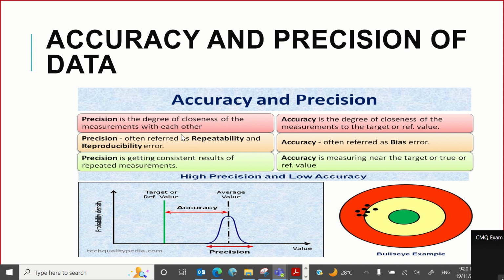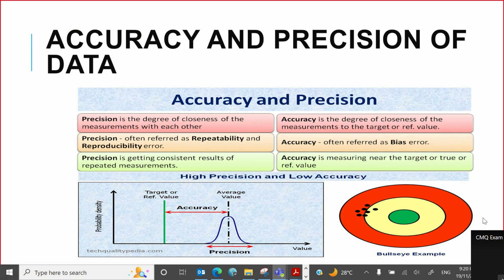So are you able to repeat and reproduce the same data? Precision is getting consistent results of repeated measurements. So the same measure is giving you the same results all the time. Accuracy is the degree of closeness of the measurement to the reference value. It's often referred to as bias error and is measuring near the target or true or reference value.